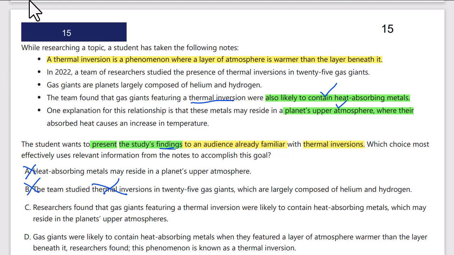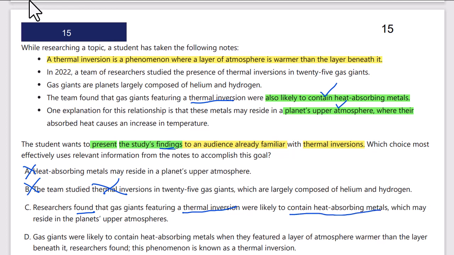C, researchers found that gas giants featuring a thermal inversion were likely to contain heat-absorbing metals. So we have a reference to what researchers found, and the gas giants, which they studied, featured thermal inversions that likely contained heat-absorbing metals.